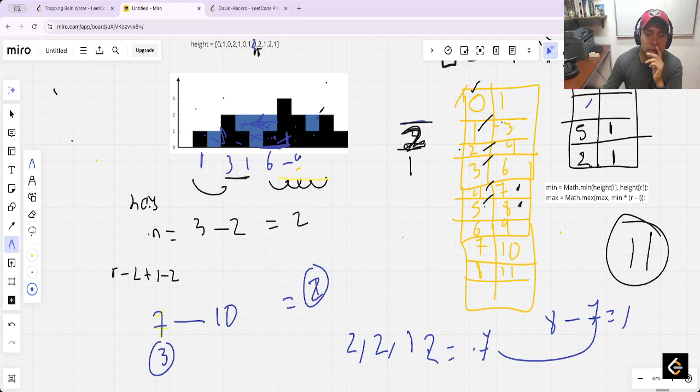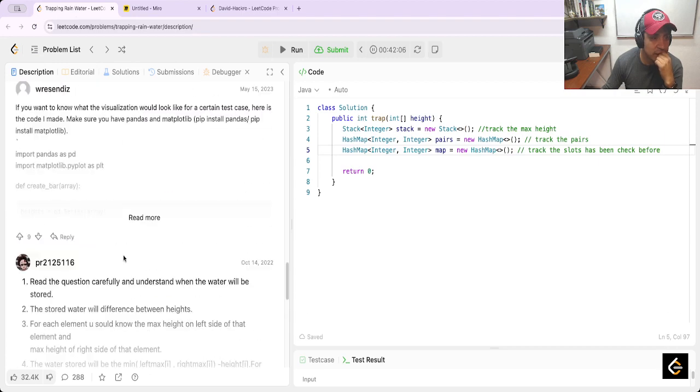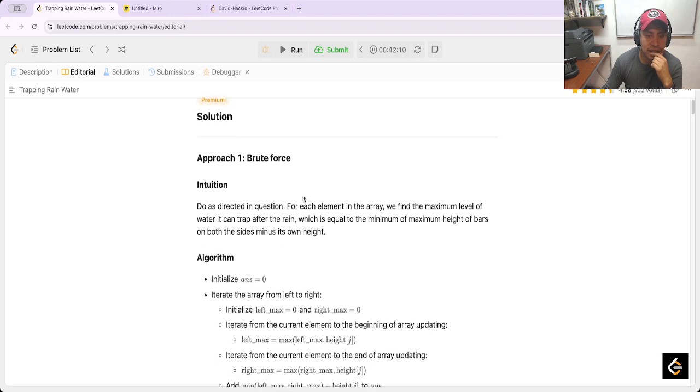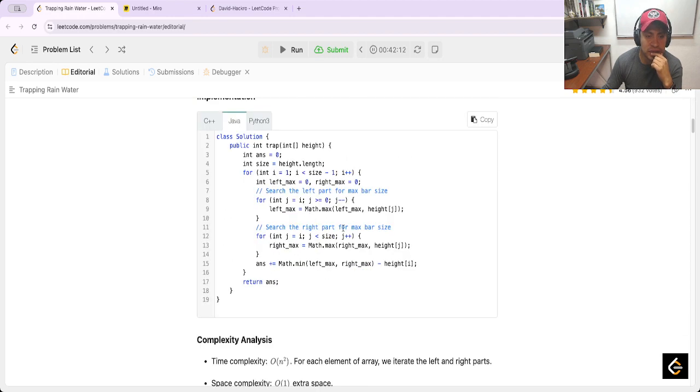This and this. No, but in this case, what happened with this? No, I sort of, no. Okay, I will check the brute force.